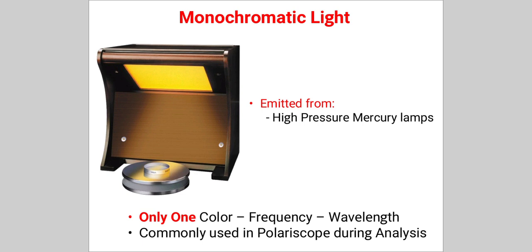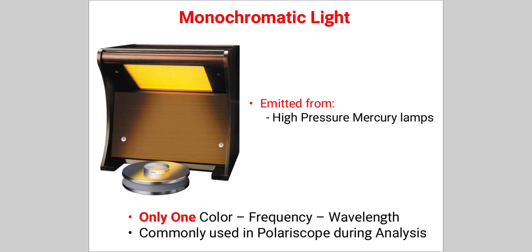in the polariscopic device. So what is the basic difference between ordinary light and monochromatic light? Ordinary light is emitted from the tungsten filament bulb or from sun rays, while monochromatic light is emitted from a high pressure mercury vapor lamp. The ordinary light has different colors, different frequencies, and different wavelengths, while the monochromatic light source has only one color, one frequency, and only one wavelength.